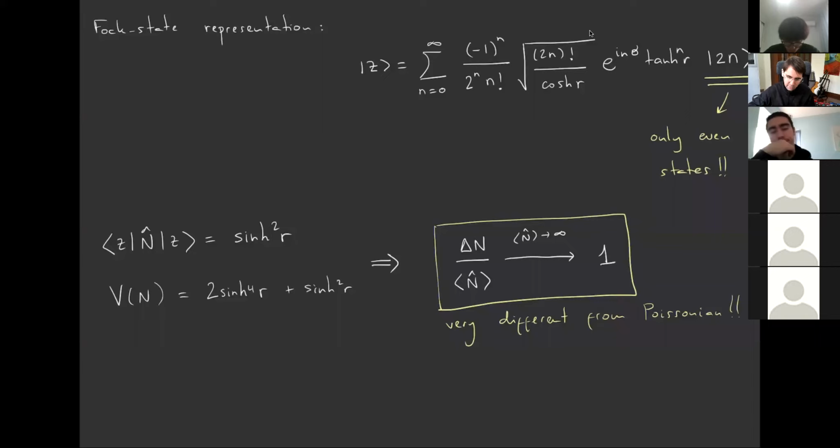So this is very interesting. This is one of the first hints that maybe this type of states, even if they are Gaussian, which means that the Wigner function is positive and so on, still have some quantum interest in quantum applications.